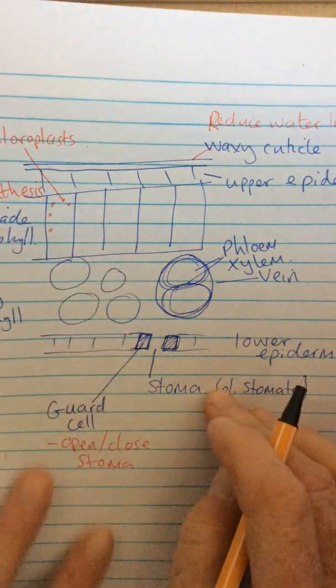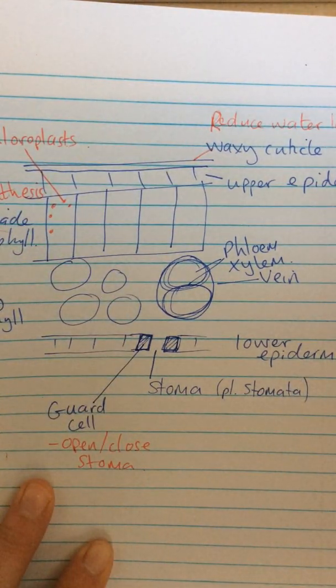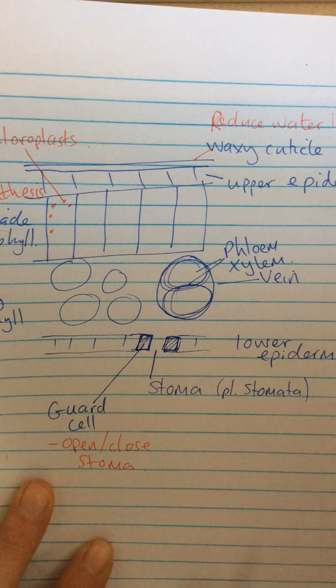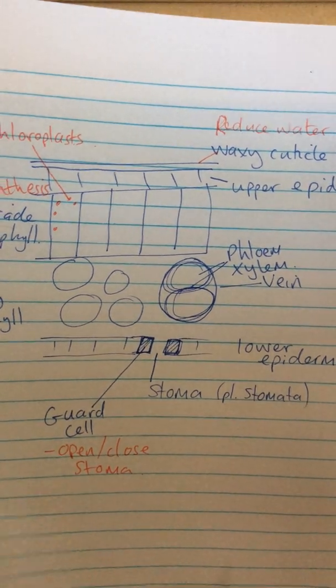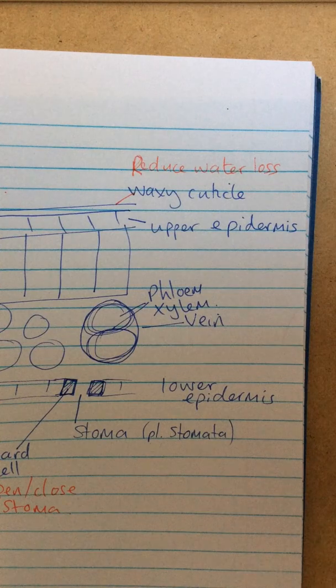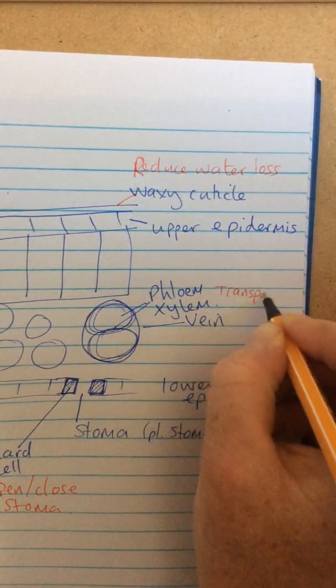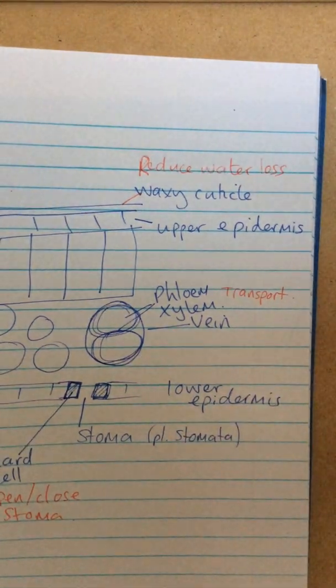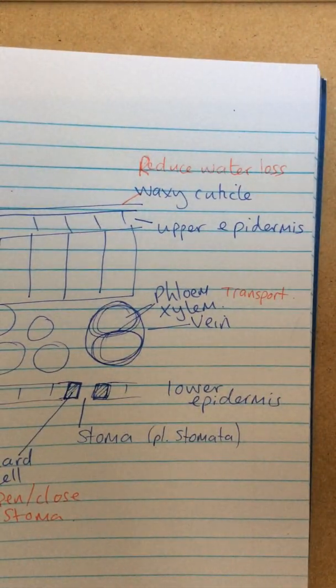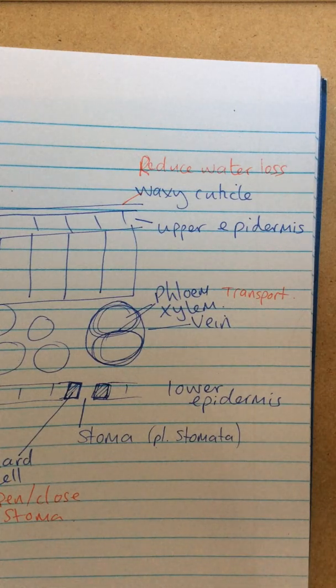I'm not going to worry too much about which bit's which, but the phloem and the xylem are found inside veins, and they are for transport around the plant. So whereas we have got blood to transport substances around our bodies, plants have phloem and xylem to do that.